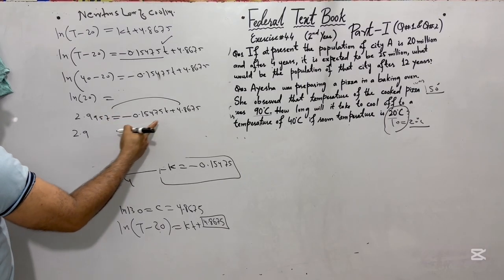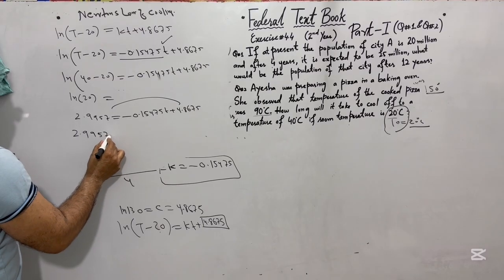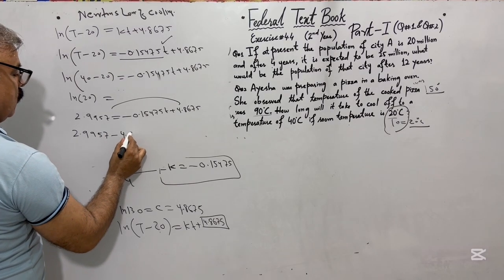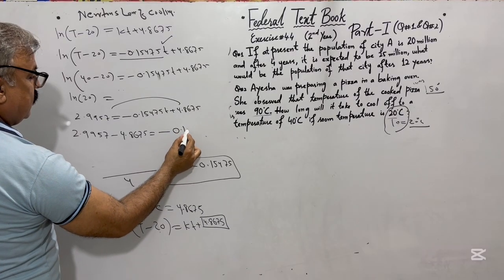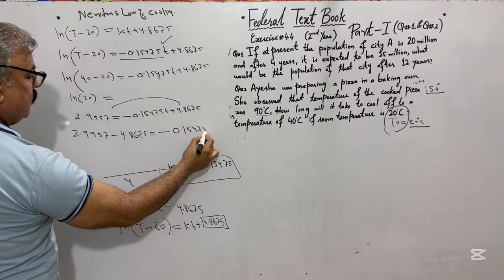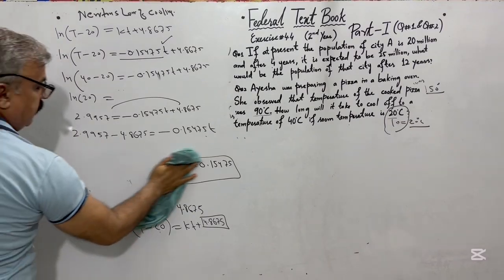Cool. Shift this quantity here from positive to negative, solving for t. 2.9957 minus 4.8675 is equal to negative 0.15475 times t. Let me read this.